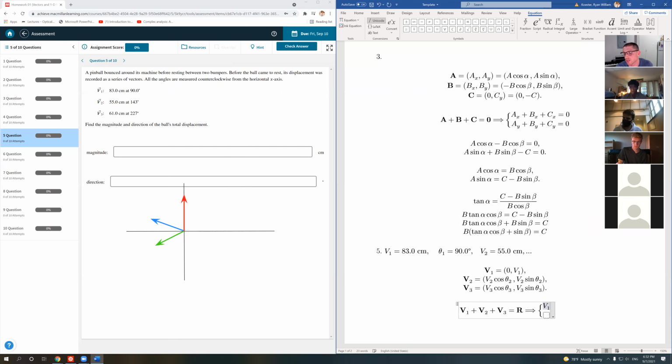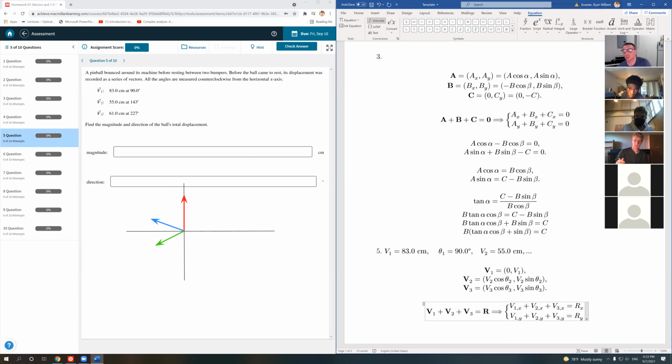But we know that, for instance, v sub 1 x plus v sub 2 x plus v sub 3 x equals R sub x. And the same thing goes for y, right? So v sub 1 y plus v sub 2 y plus v sub 3 y equals big R sub y.